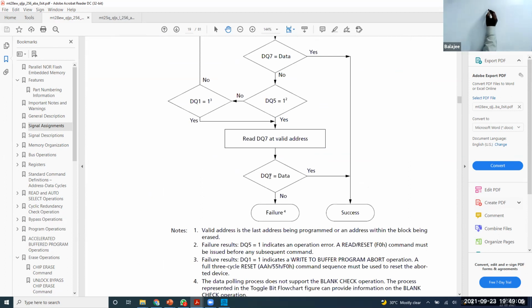Now, you may not agree, but it is like this. What is happening in the flash? I'll make this bigger, then you will understand. I'll explain it to you, then share it with you.